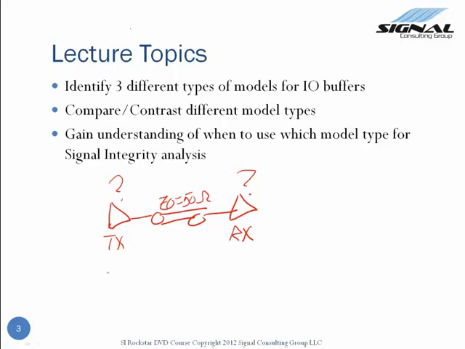What type of simulation model? A lot of people are familiar with SPICE, and of course IBIS is very popular for signal integrity, but there's also some other choices, and everything else I lump in the category which I call a macro model. And we're going to go over that in the rest of this lecture about these 3 major types.